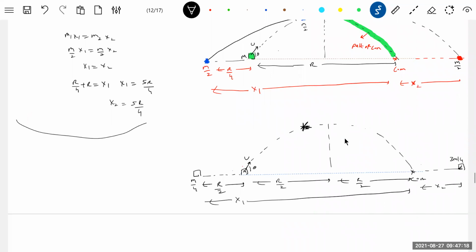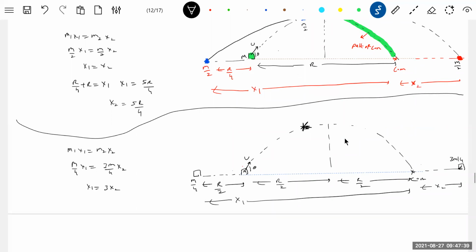Again, there's a second case. So what is the formula now? m1 x1 equal to m2 x2. So here what is m1? m1 is m by 4, so x1 equals 3 x2.